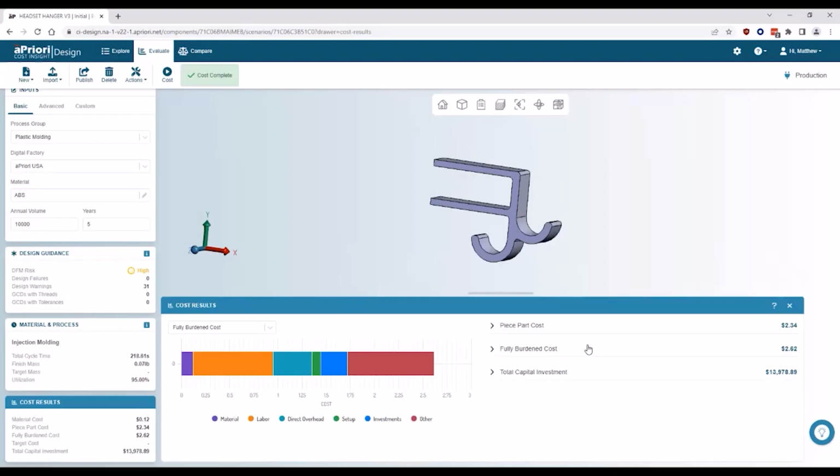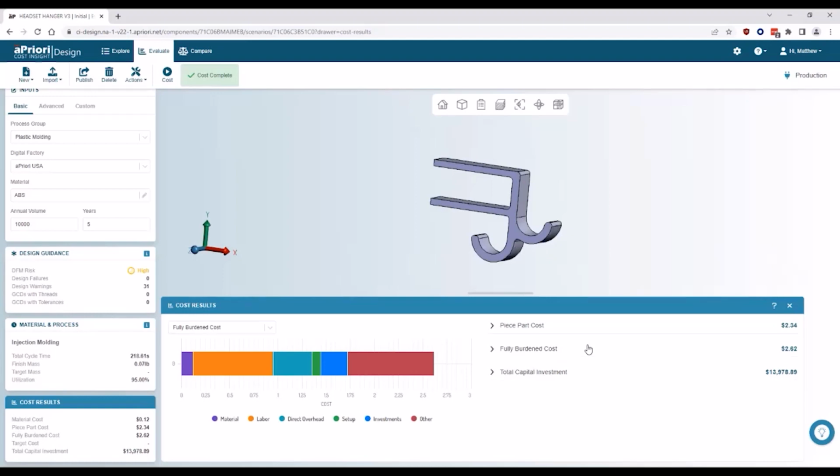Our previous iteration was right around 250, and this iteration is as well. As I talked about a second ago, for these injection molded parts, they're relatively small, the material is not a major factor, and it's really the processing time that leads to the final cost that we see. That's the major cost driver.